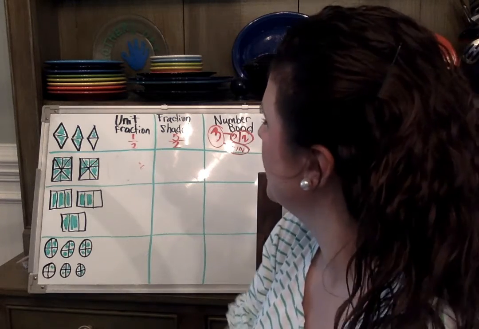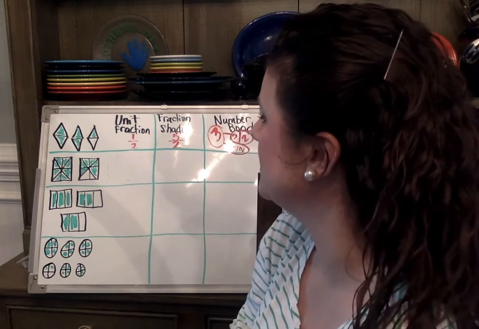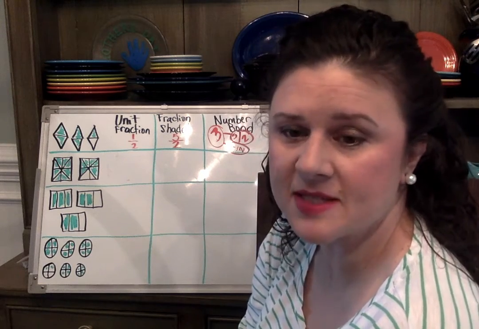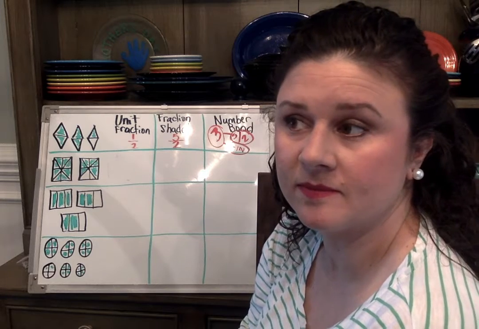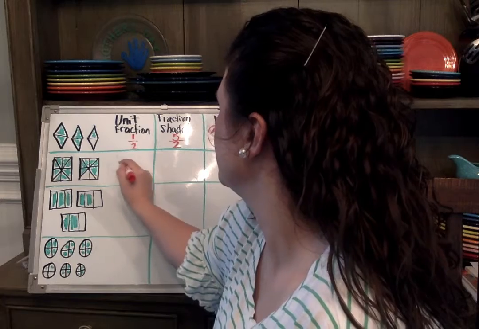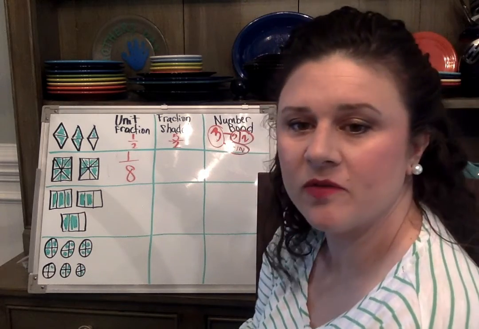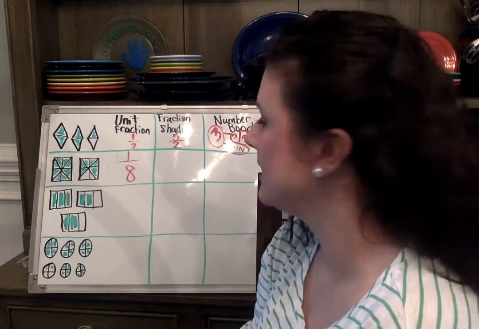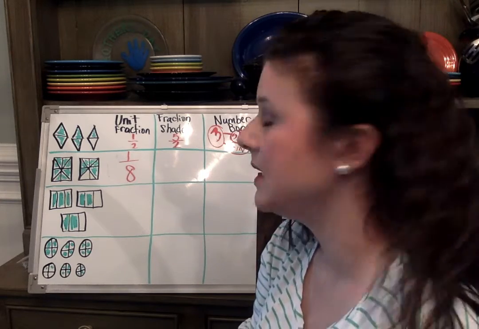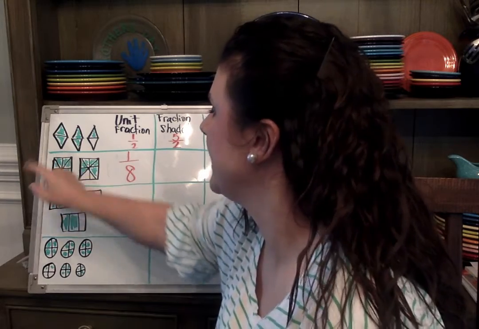Let's look at our next shape here. It is a square, and it's divided into what unit fraction? Count the pieces. There are 8 pieces. It's divided into eighths. What fraction of those pieces are shaded? Now you shouldn't have to go 1, 2, 3, 4, 5, 6, 7, 8.